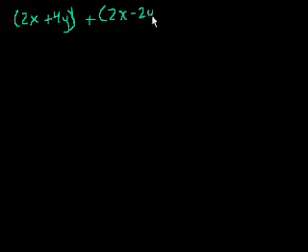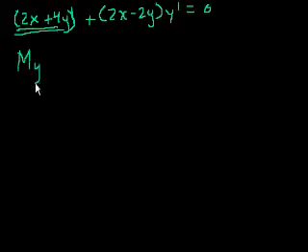So let's see. This one says 2x plus 4y plus 2x minus 2y y prime is equal to 0. So what's the partial of this with respect to y? So the partial of m with respect to y, this is 0, so it's equal to 4.